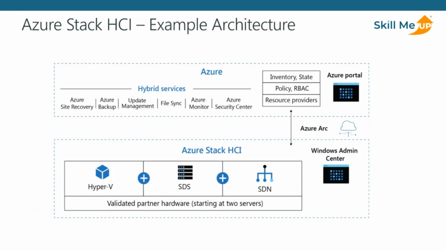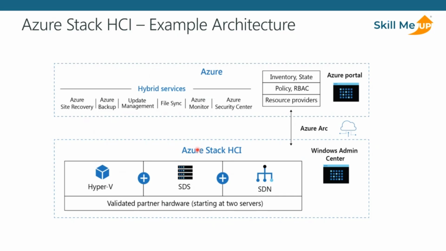And a quick example of the structure that we have here is that you have your hybrid services. So you have things like your site recovery, your backup, your update, your file sync, and your Azure Security Center. All of those, by definition, need to be in the cloud, managed in the cloud.